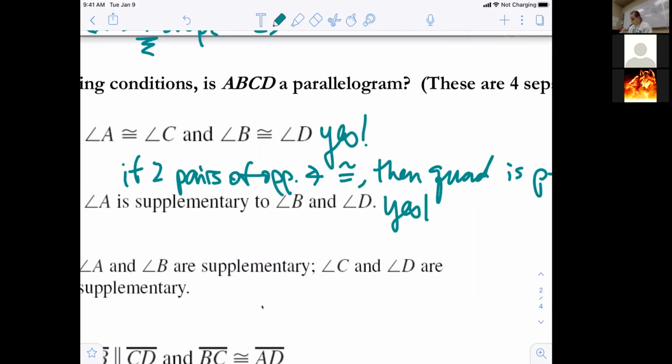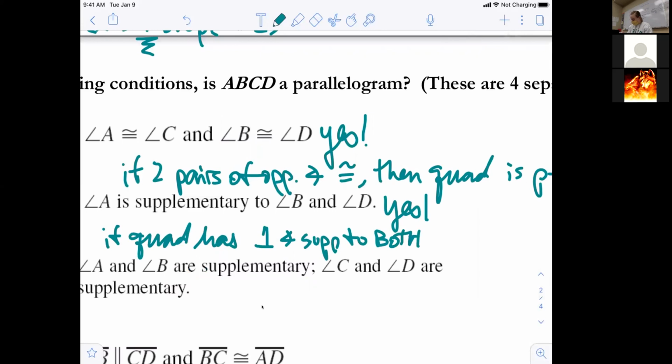And so that's why she said yes. So essentially, I'm going to say if quad has one angle sup to both consecutive angles, then quad is a p-gram.